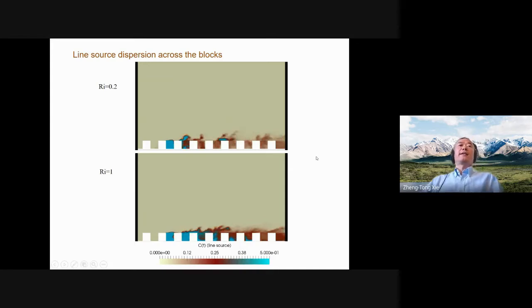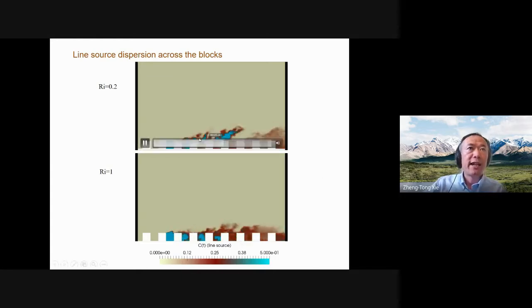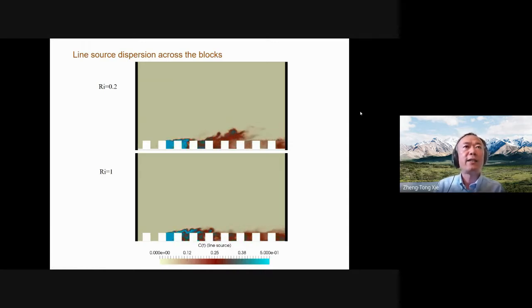You can clearly see, right? The plume, the concentration, is trapped more in the second case than in the first case. That first point is very clear. Secondly, the first one has a higher plume height.